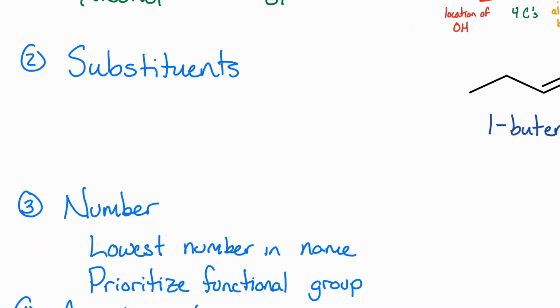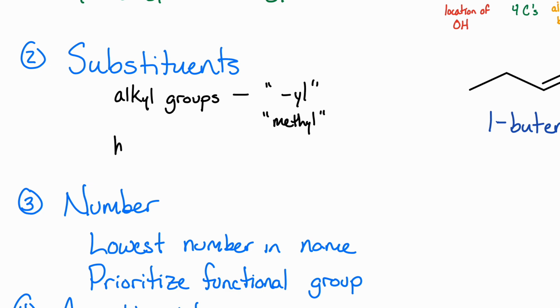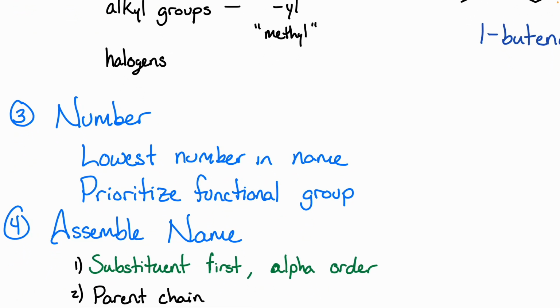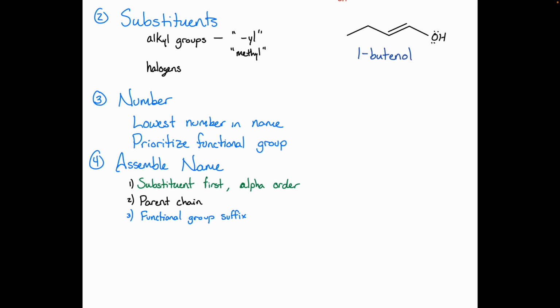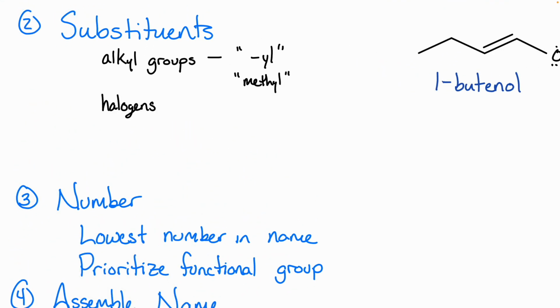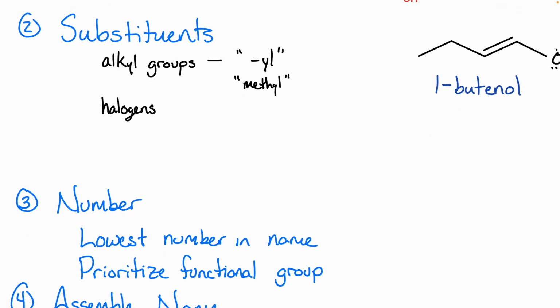our common substituents are either alkyl groups, they have that YL ending. So for example, a methyl group, and our halogens. See if you can't remember what we call our halogens here.